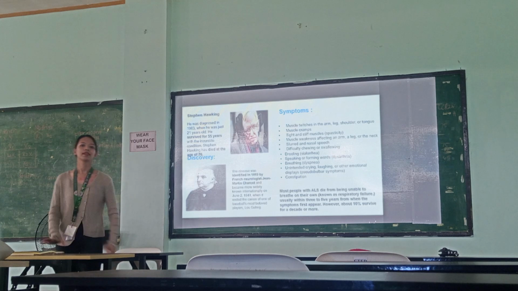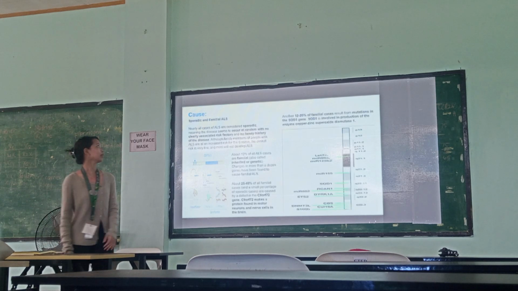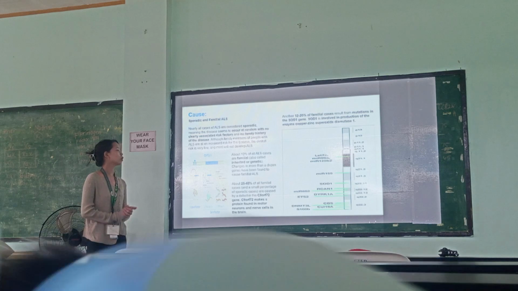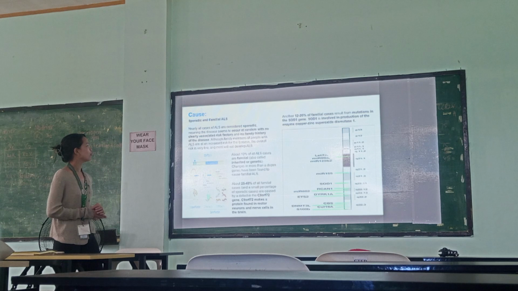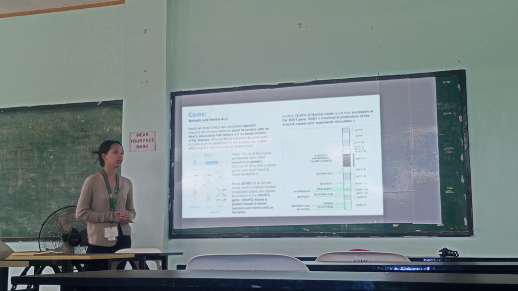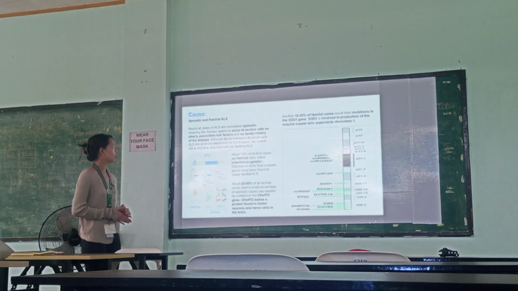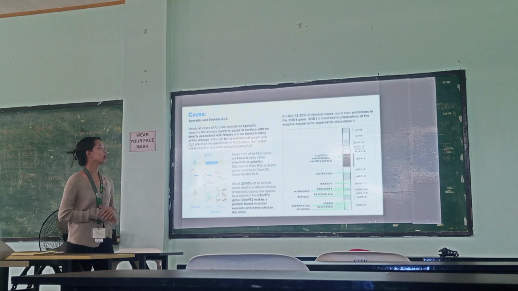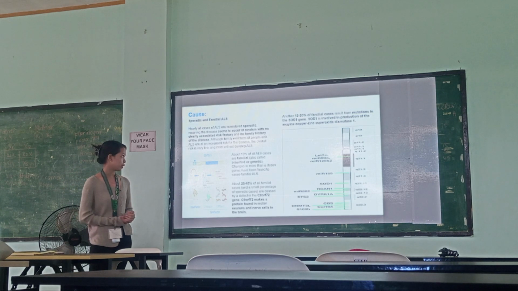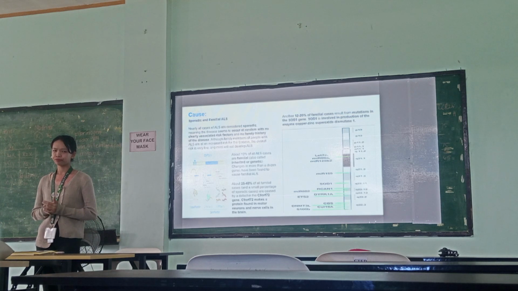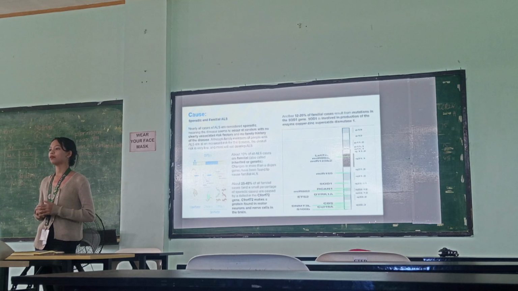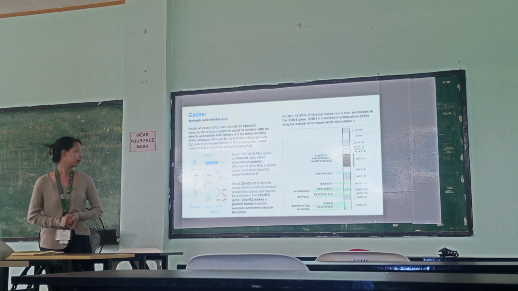Next. Ayan, ito naman tayo sa cause. Ito yung sporadic and familial ALS. So sporadic, it occurs randomly with no clearly associated risk factors and no family history of the disease. So kahit na may family member kayo na may ganitong sakit, very low lang yung chance na mag-develop din kayo ng ganitong sakit, 10% lang.